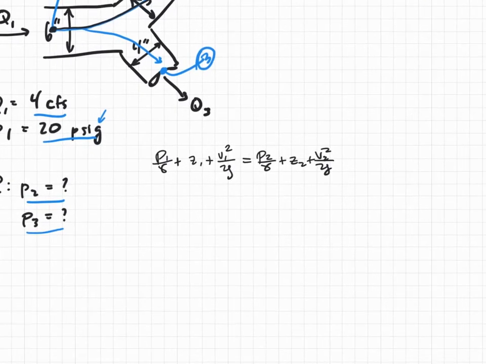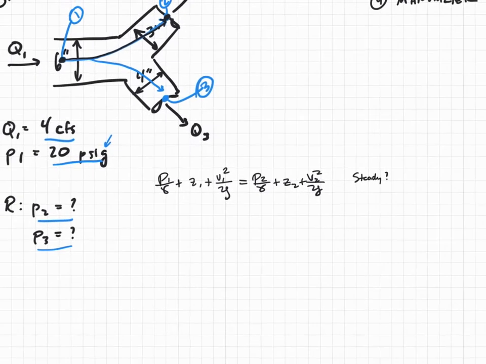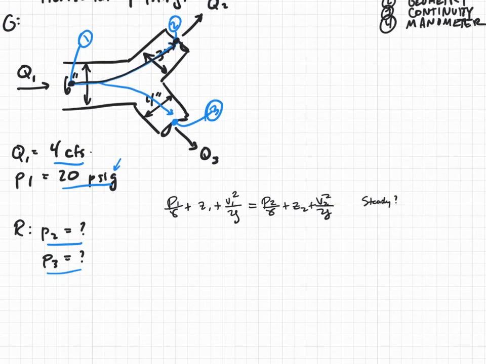Now, can we use it? Is the flow steady? We've only been given one Q and it doesn't look like it's changing, so we'll go with yes. Is it inviscid? There are no pumps or turbines, but there is friction. However, we're going to assume it is inviscid. Incompressible?